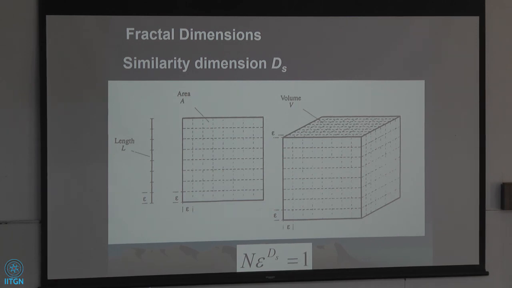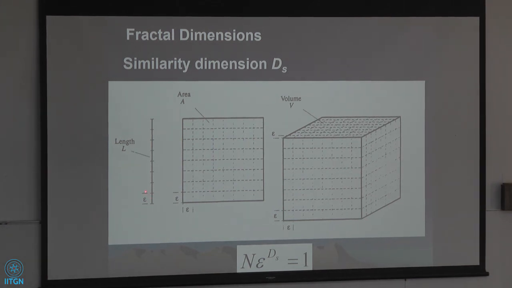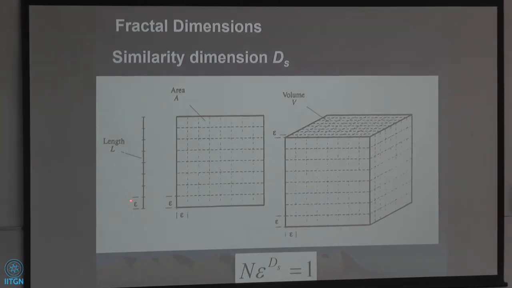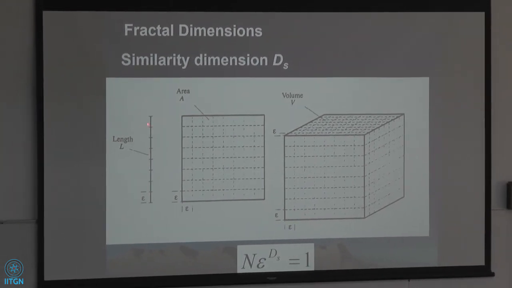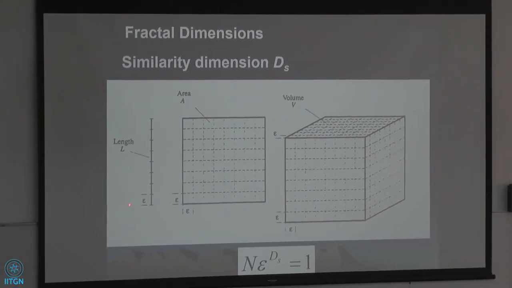So, here comes the fractal dimension: how do I define a similarity dimension? If this is a line of unit length, then I need 1 stick, but if my measuring stick is epsilon, then I need 1 upon epsilon number of sticks to cover all the points.